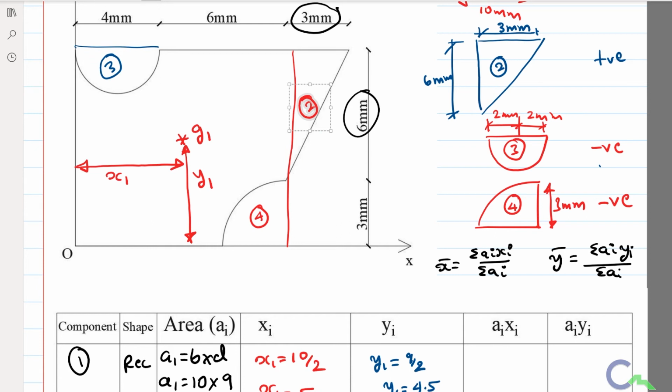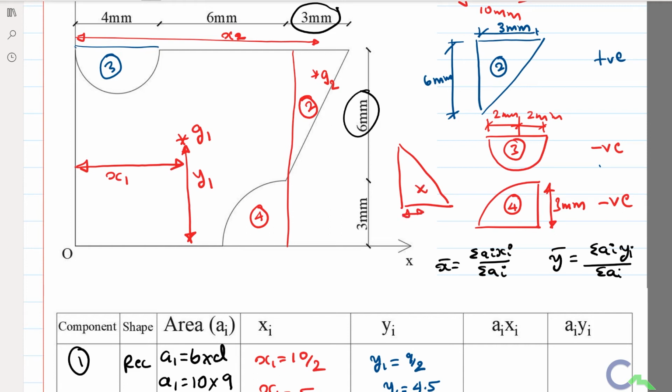After that, I will take CG of the triangle, that is somewhere here. So I will take this as G2. So I want the x2 value, that is from OY reference axis. So I want to calculate that value. So I can remember the derivation of the CG of the triangle.